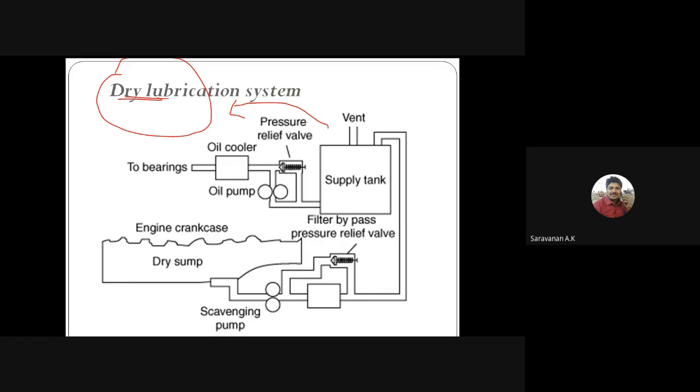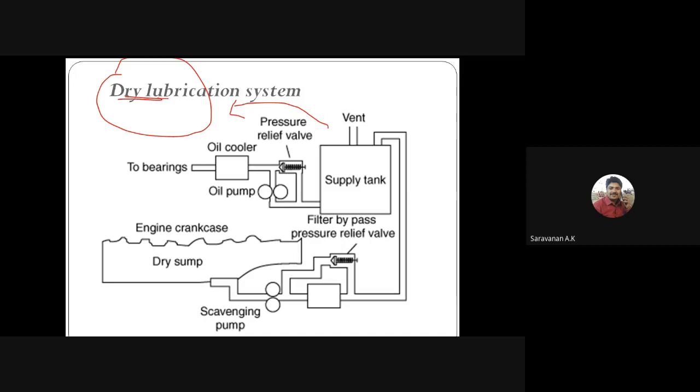The oil from the sump passes through the filter, and the function of the filter is to remove the abrasive particles from the oil, which cause wear on the bearing surfaces. We can also remove the dust particles deposited on the bearing surfaces.